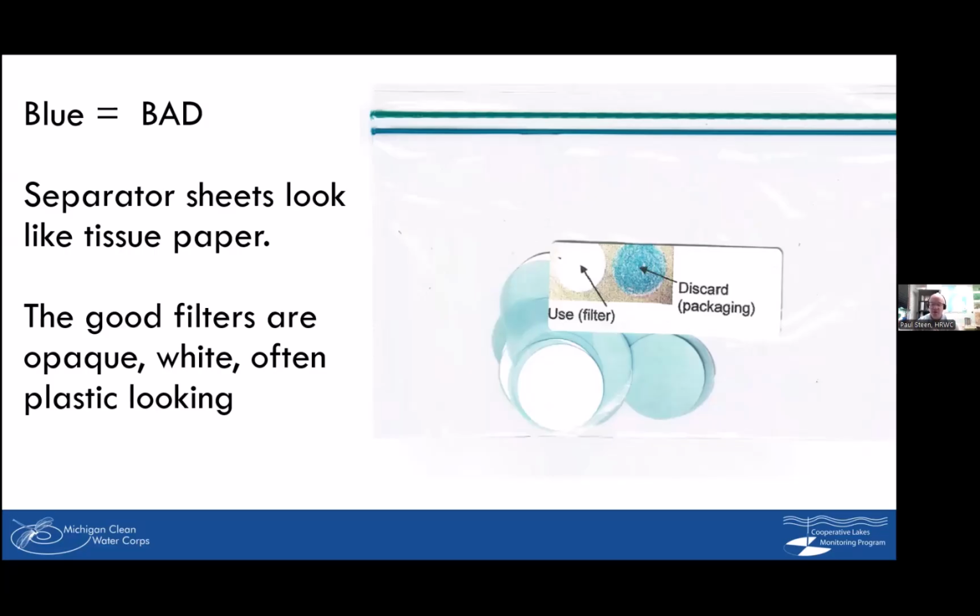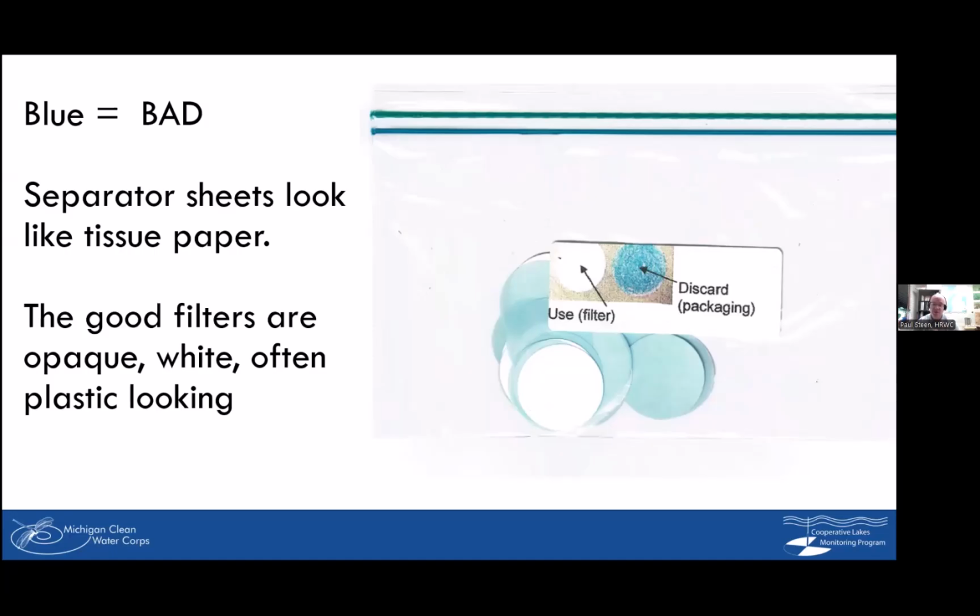The white filter, if you're just going by your instincts, you would think this isn't a filter because it's opaque, probably even more so plasticky. It just doesn't look like a filter, but that's because the pores in these things are so fine that it just doesn't look like how you would normally use a filter. But as far as lab use goes, it's just a really good small pored filter.